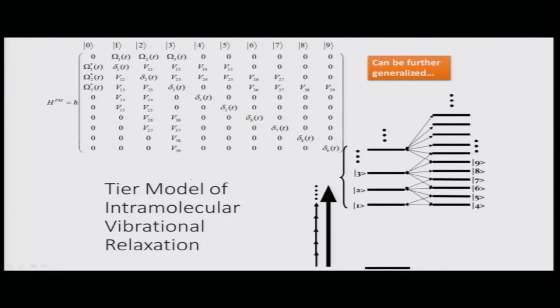That particular model is shown here, which is known as a tier model of intramolecular vibrational relaxation, where the energy of the states are sort of star interaction, and the interactions keep on increasing as the number of states across keep on getting coupled more and more. Such a model Hamiltonian can also be built, and many molecules have such interacting Hamiltonians, which can be further generalized to make a good model of the molecule.